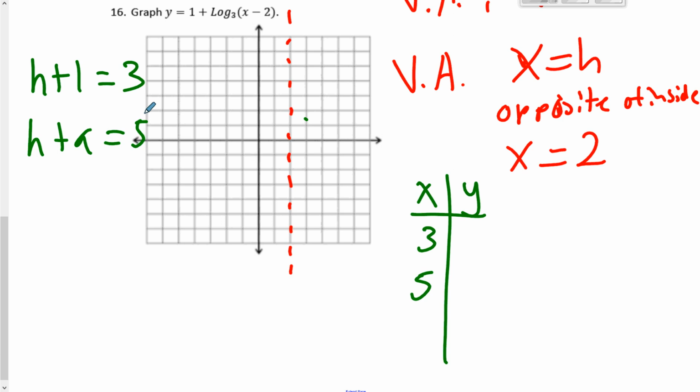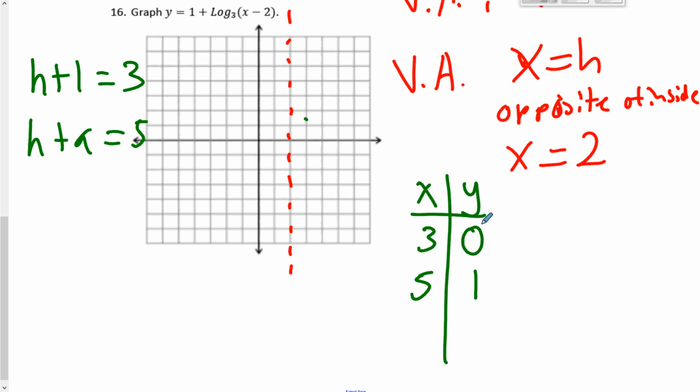when I plug those numbers in, remember, 3 raised to what is 1? That'd be 0, right? And then this would be 1 for my y, because 3 raised to what is 3? It would be 1. So those are my 2 points I can do. And I'll show you right here. Oh wait, I have to add 1 to it, right?